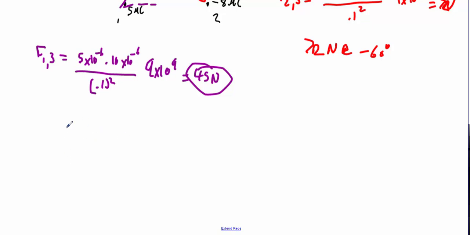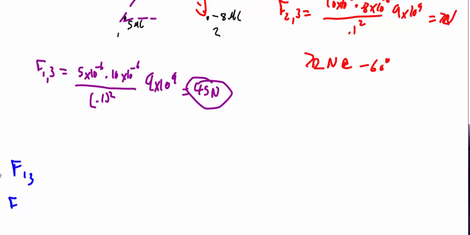Which means I can put that all together using x and y components. Let me make my table a different way. So F1 on 3 and F2 on 3.